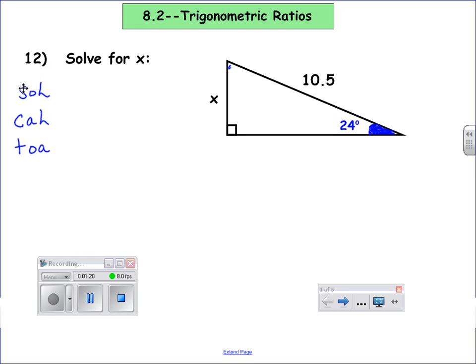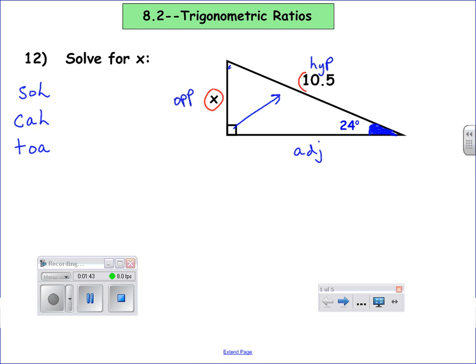So first of all, we need to label the three sides. Okay, there's my hypotenuse. And in reference to my little blue angle over here, this guy is the adjacent, and across, away from this guy must be the opposite. Right now we want the opposite.